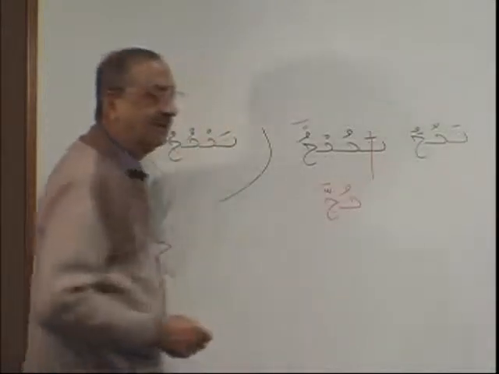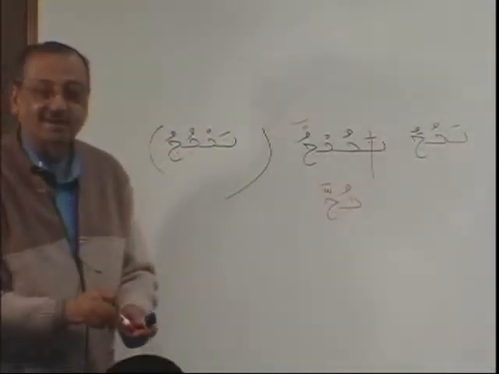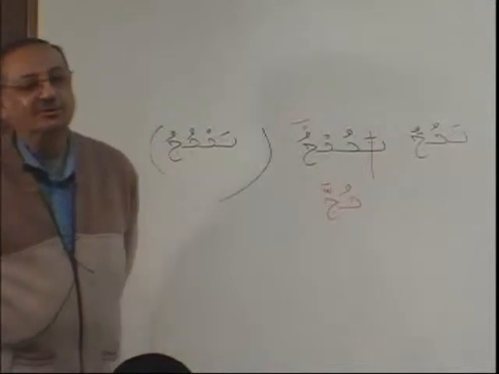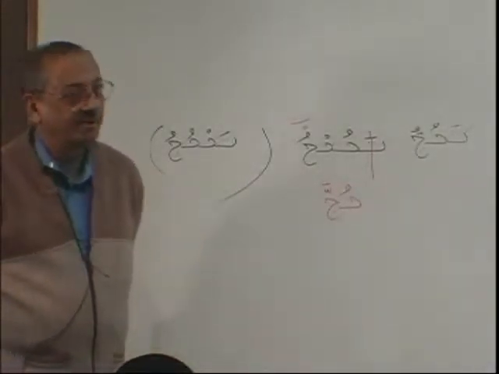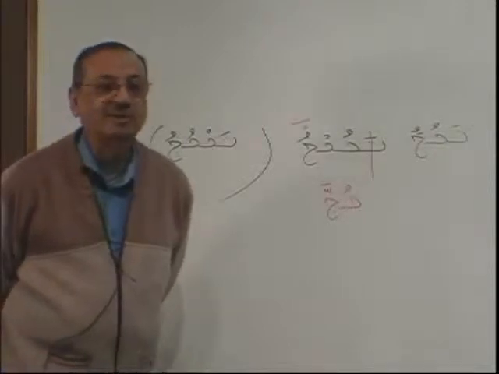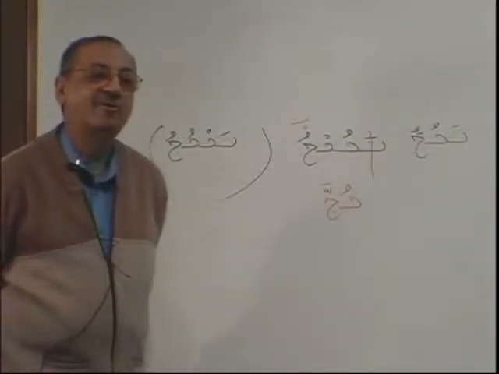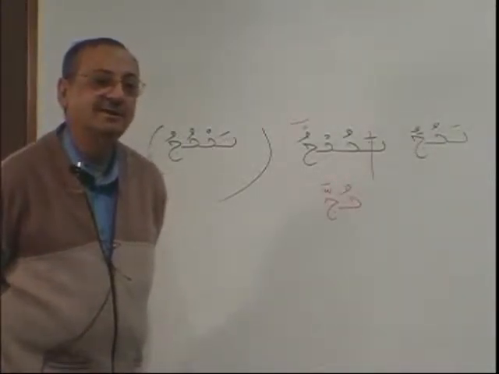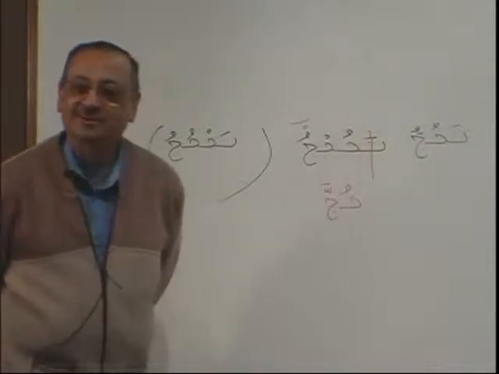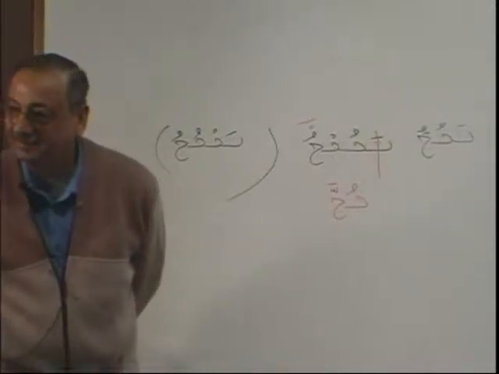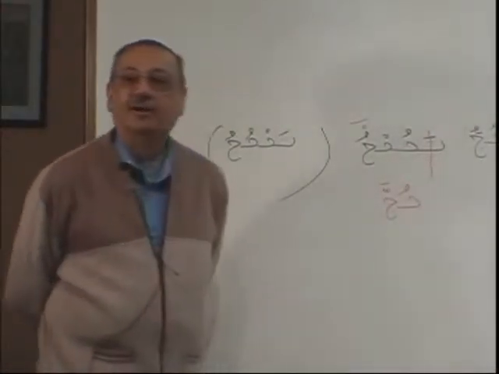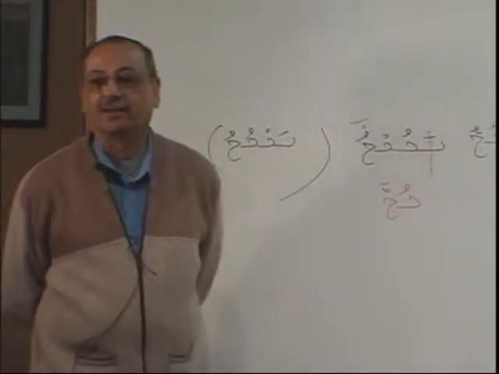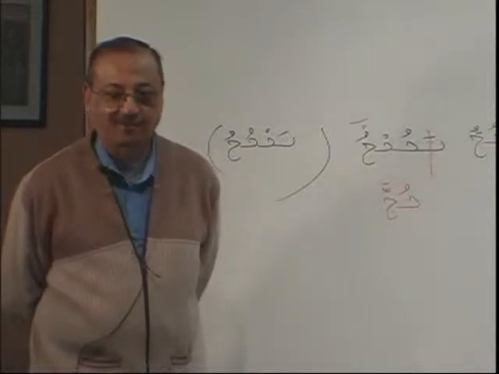Hujja. Brother, I want you to analyze it. Now, this is a tricky business. But remember, I've told you many times, the more tricky it becomes, the more delicious and enjoyable it becomes. Listen to me carefully.